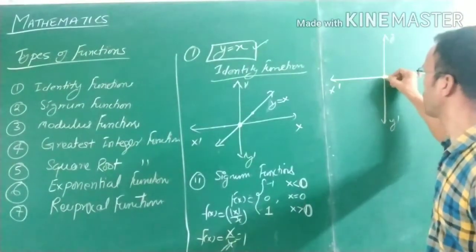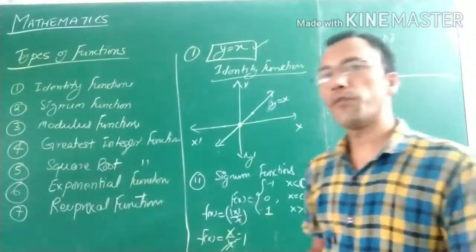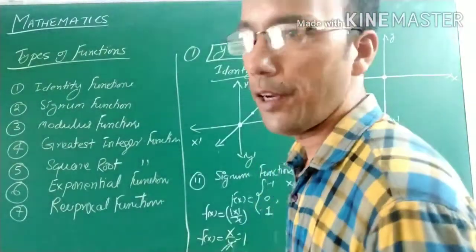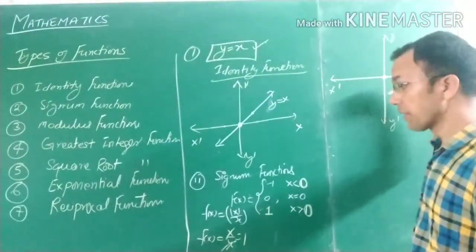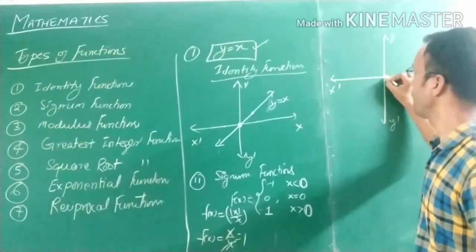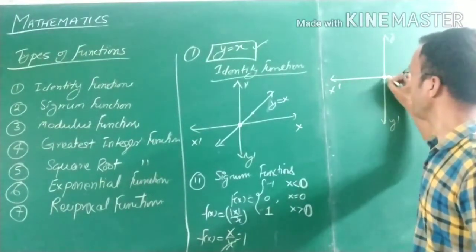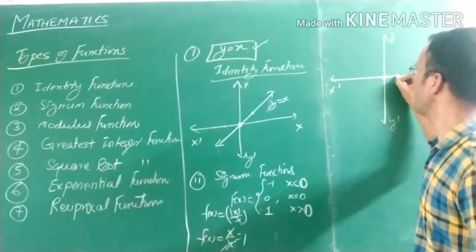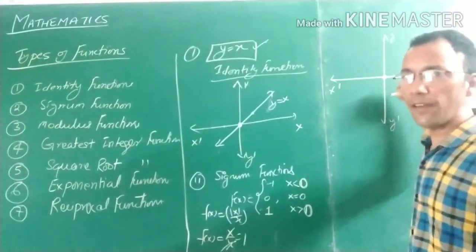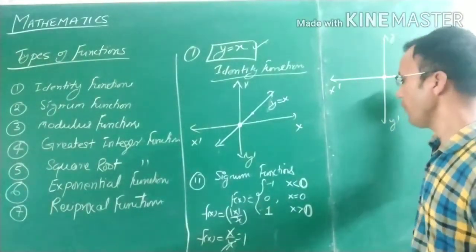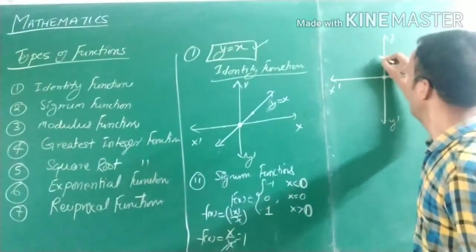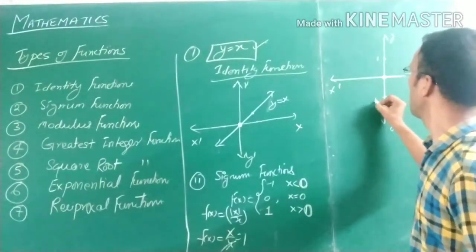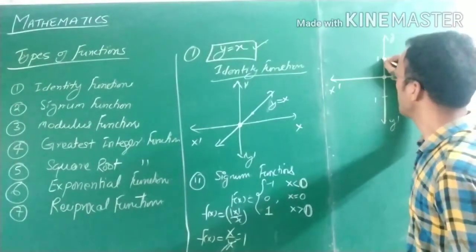If x is greater than 0, very near to 0, then y will be 1. Let this be 1 and let this be minus 1.